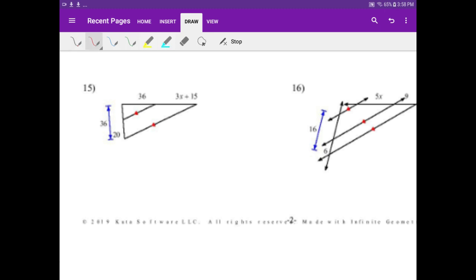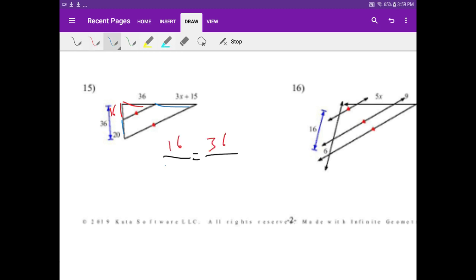So what do we have here? Let's do red and blue, and then red and blue. So the reds are on top. This is going to be 16. So 16 and 36.